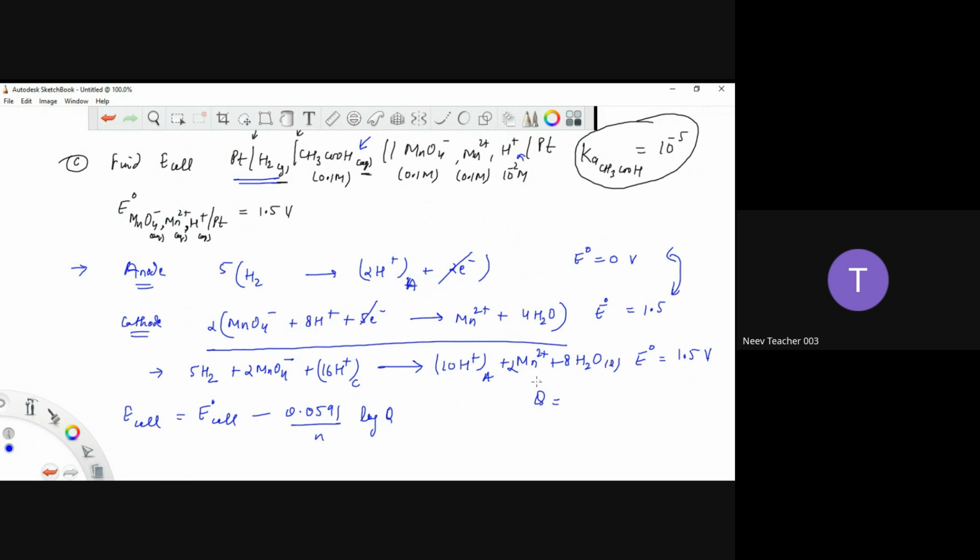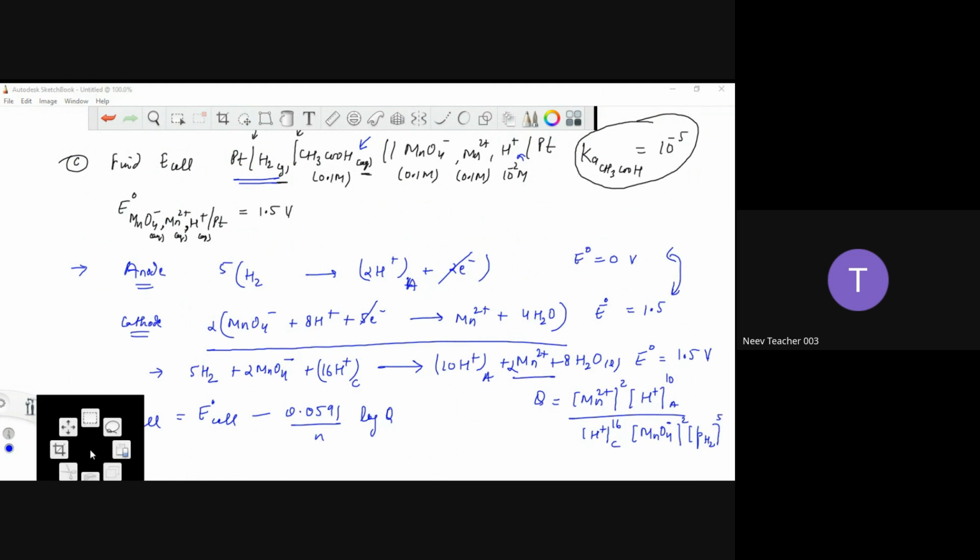H2O liquid we are not going to consider, but we take Mn2 plus squared, then in the product H plus to the power 10, that will be anodic, divided by, H plus to the power 16, cathodic concentration, then you have MnO4 minus squared, and then the partial pressure of H2 to the power 5. Correct? This is what you need to include in E.